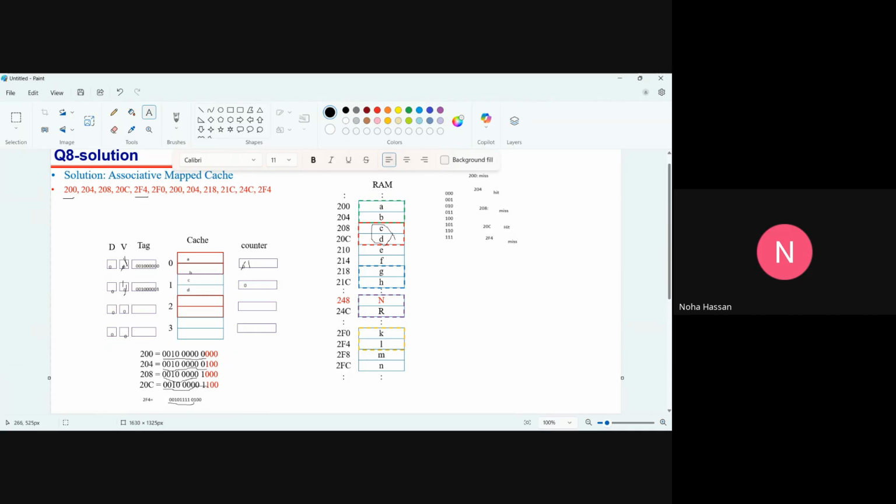So if it is a miss, we need to implement some changes. So this has to be updated to 1, right? I need to place the tag right here.